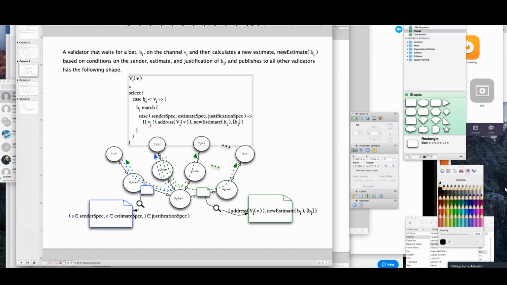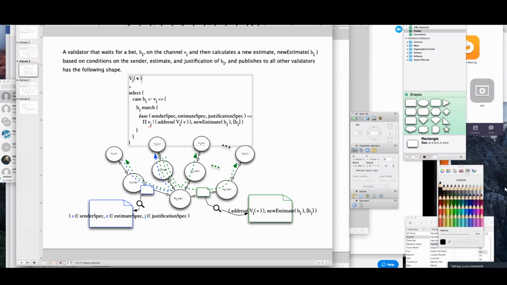For single threadedness, this has to be a big case over one of the channels, and then you dispatch over the shape of the message that you've got. Since messages within this idealized framework only decompose into a sender, an estimate, and a justification, what your dispatch is over is a specification of the sender, a specification of the estimate, and a specification of the justification.